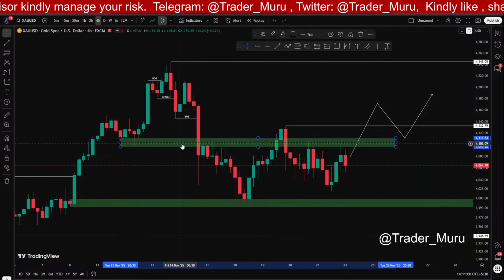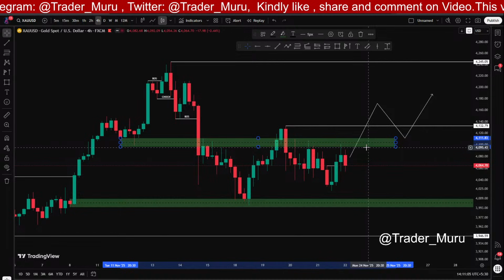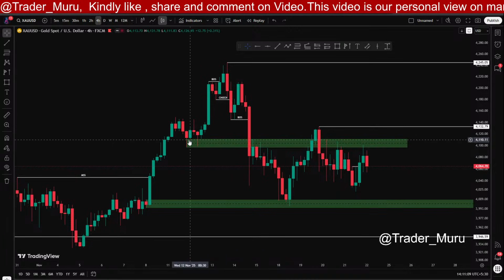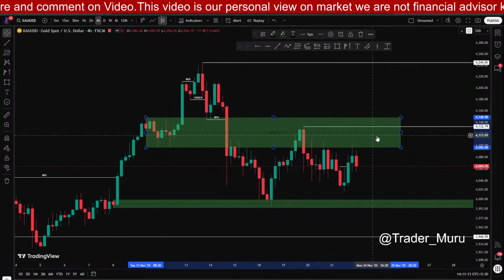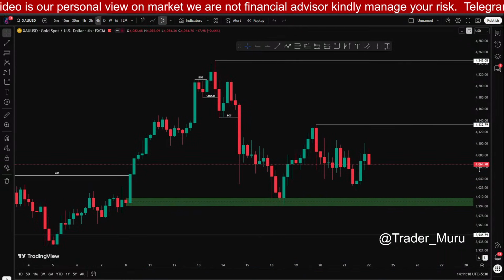The price is continuously rejecting from there. Once price flips back above this, then it will move. Before that, we will just watch this area as a bounce zone and we will try to buy it. Okay.